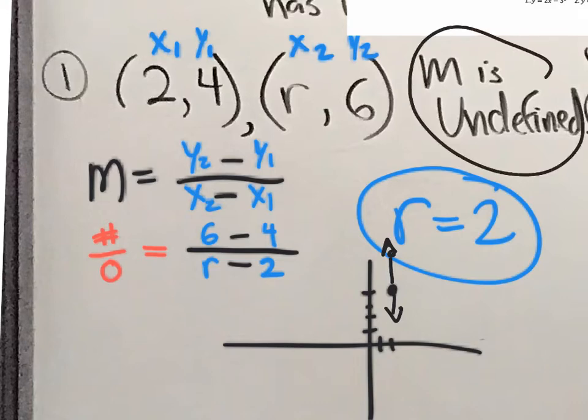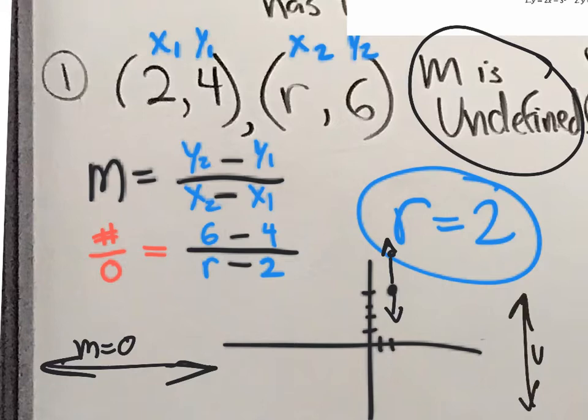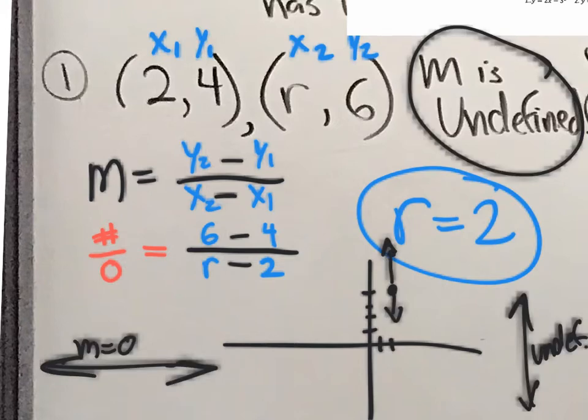Remember, an undefined slope is saying that it's so steep, it's perfectly vertical, up and down. Kind of like the 0 slope is so flat that it's just left and right, horizontal, right? That's the slope, m equals 0. This is undefined. Does that make sense?